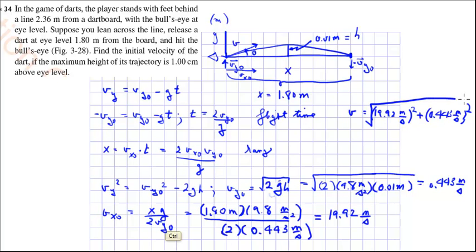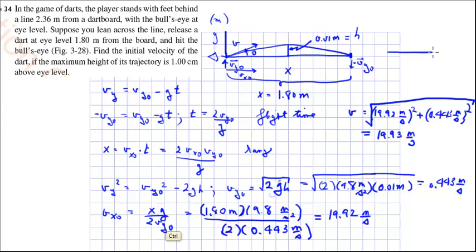The square root of that is equal to 19.93 meters per second.